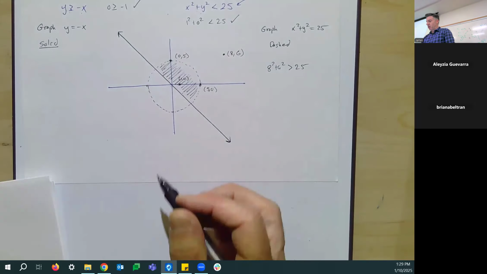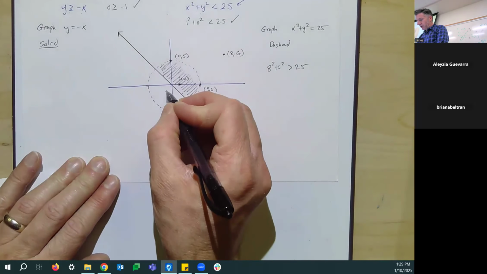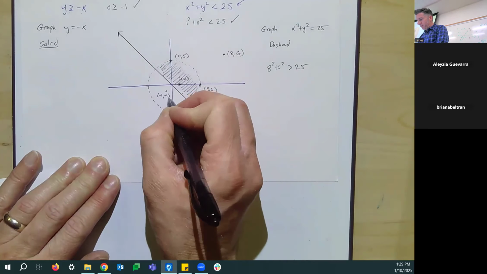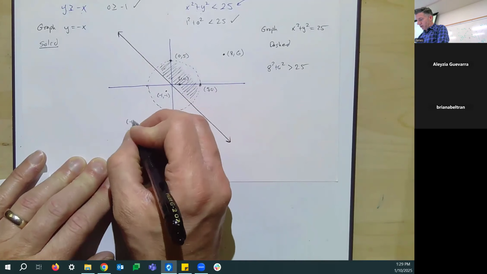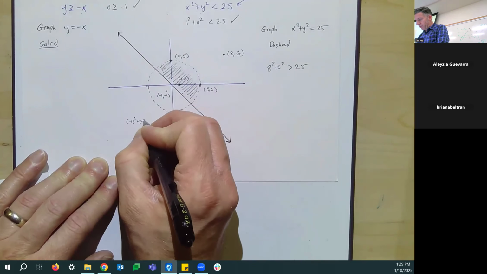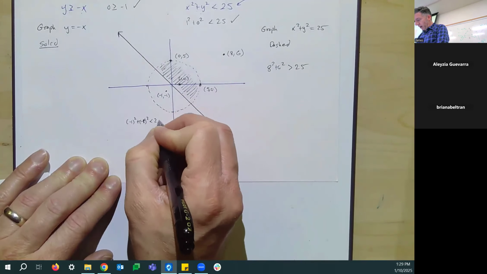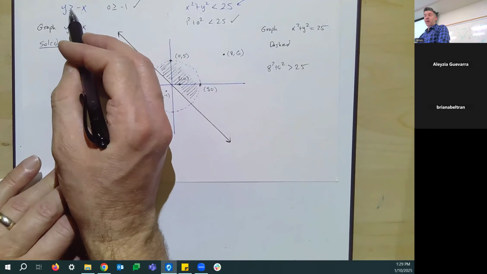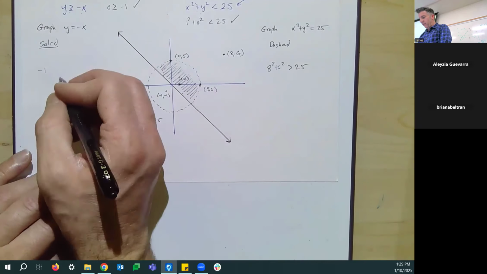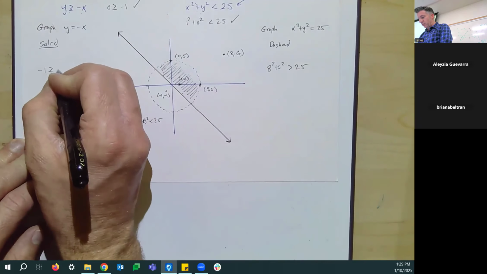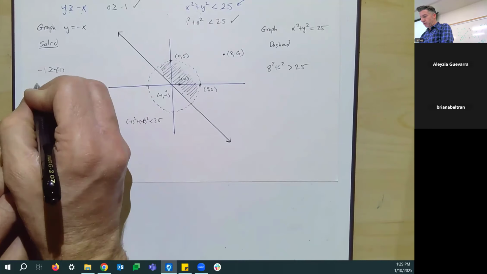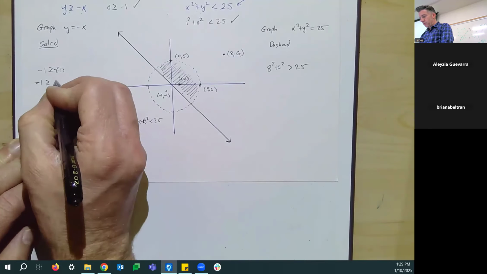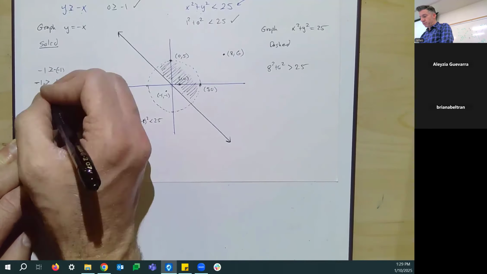Similarly, if I pick something over here, like -1, -1, it's going to meet this criteria, right? -1 squared plus -1 squared is less than 25, but it's not going to meet that criteria because -1 is not bigger than or equal to +1.